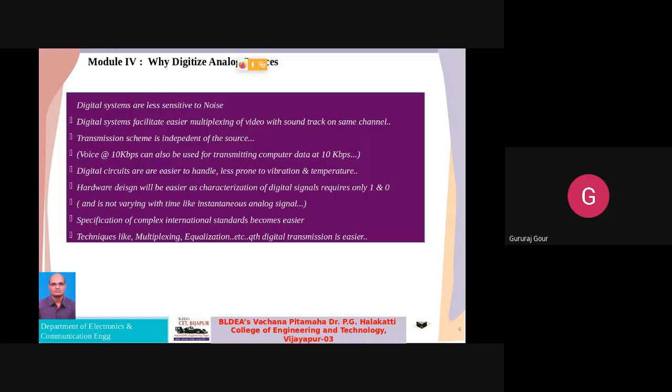These are the different reasons we can discuss here. Digital systems are less sensitive to noise. We discussed in detail in the third module the impact of noise in analog communication systems, with respect to DSB, AM, and FM.